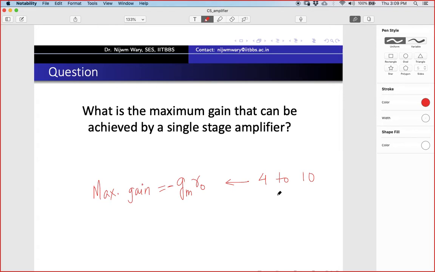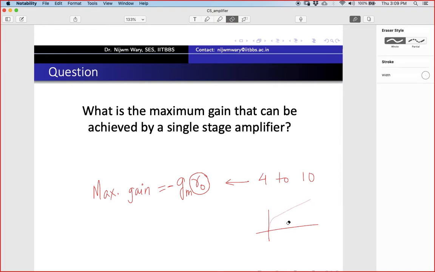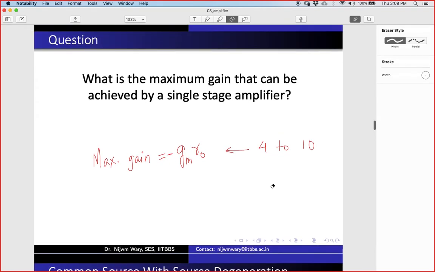But in the current technology, because this RO is so bad, because of lambda being so bad, that's the challenge of designing a very high gain amplifier in the latest technology.